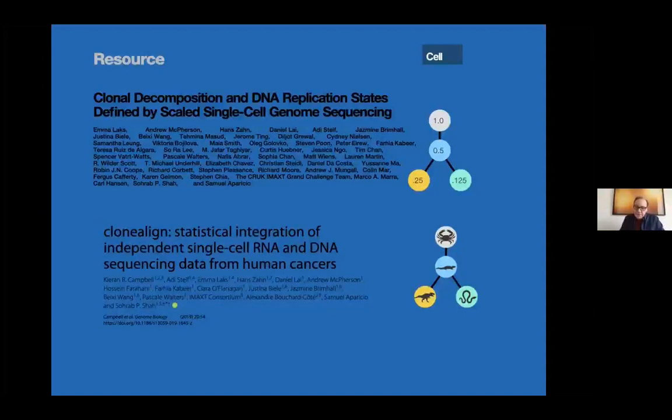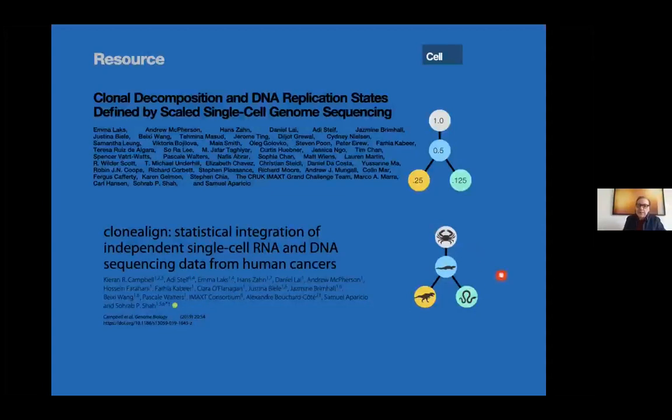Now the goal is typically not to get only the clonal tree, but also to get the phenotypes, right? And the same people who did this careful analysis, which is based on DNA data, also devised a method to take RNA data and map it onto the clones in order to see which genes are active and which ones are not.